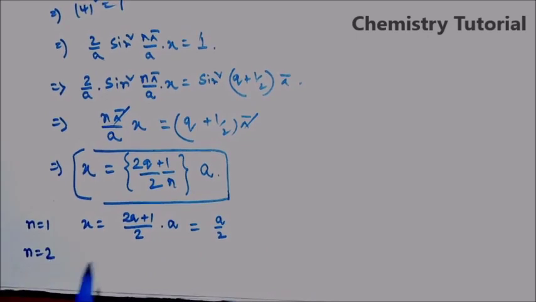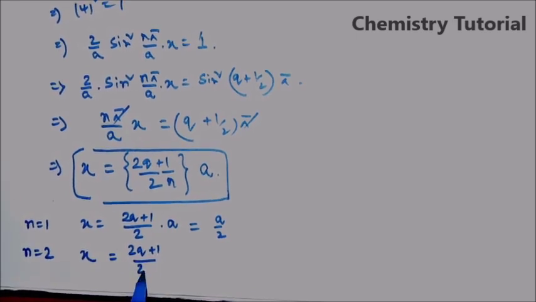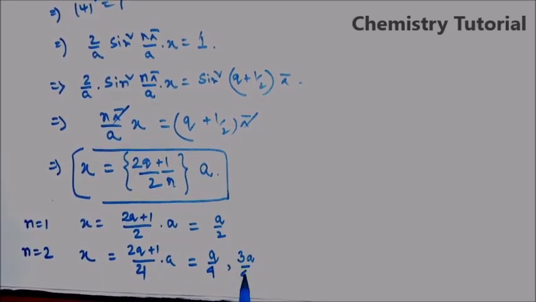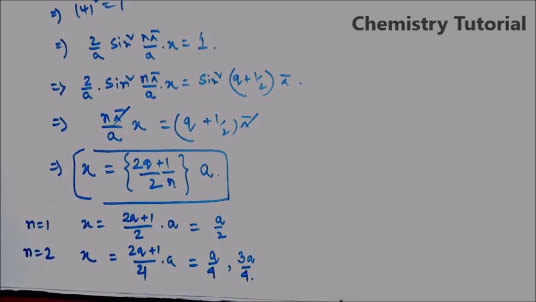For n equal to 2, x will be (2q plus 1) by 4 into a. So when q equal to 0, this x value will be a by 4. When it is 1, it will be 3a by 4. So these are the points where probability is maximum.